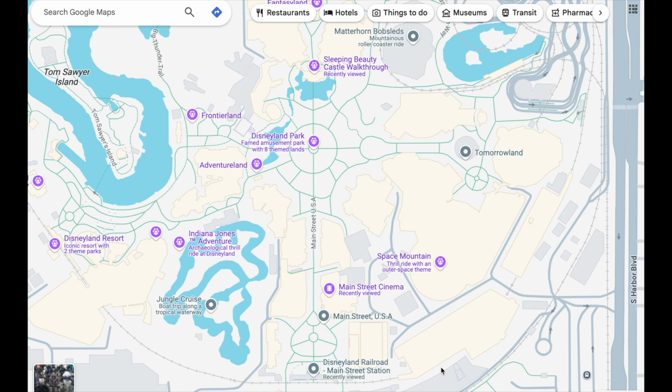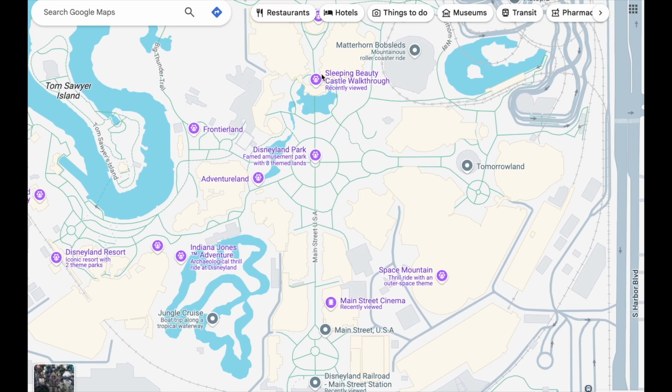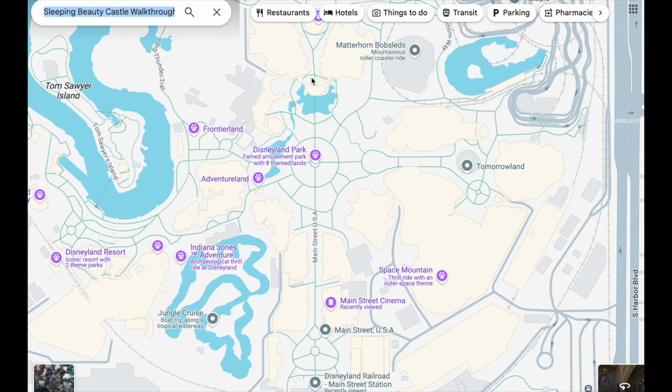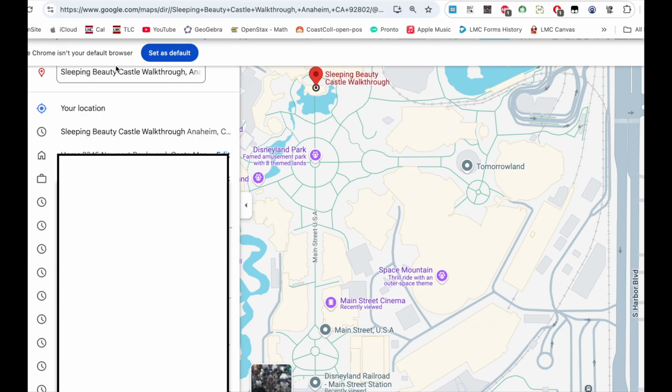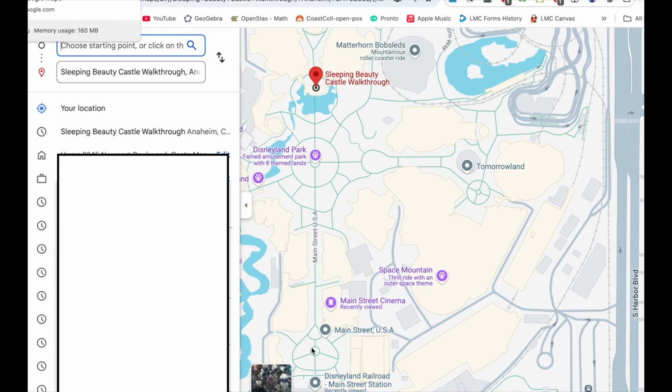well, Google Maps can help us with this. There we are, there's Sleeping Beauty's castle. Okay, and I want walking directions. And let's see, we know it will travel horizontally 627 feet.